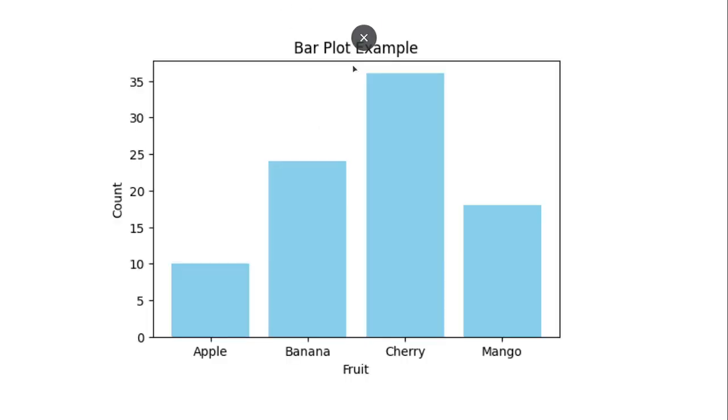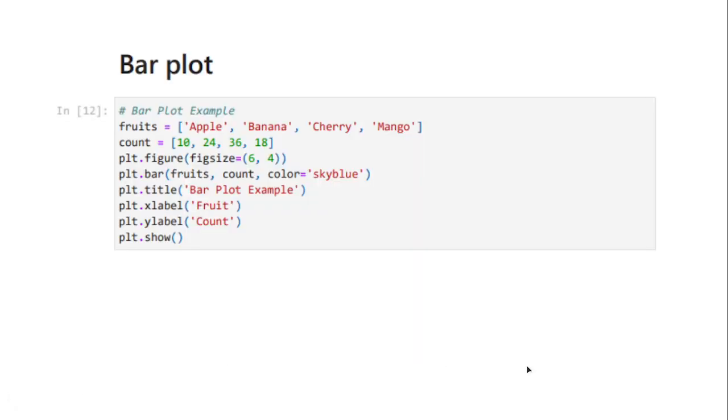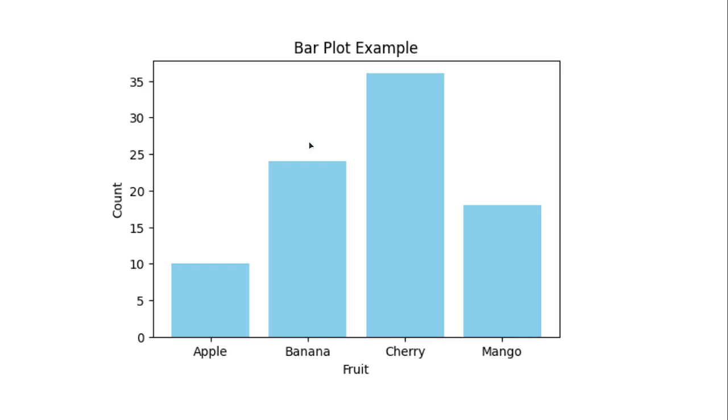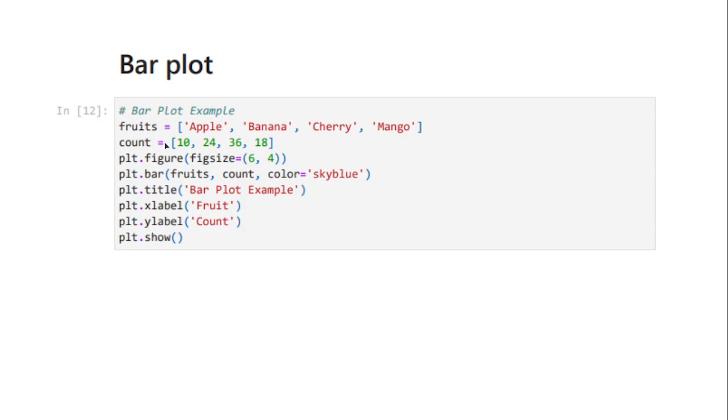So the output is a bar plot, with the color sky blue we see here, and the x values are the fruits, which have apple, banana, cherry, and mango, as we see here, and the count is the y values from 0 to 35. So we have counts 10, 24, 36, and 18. So the highest value is 36.